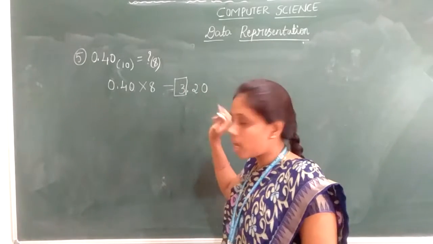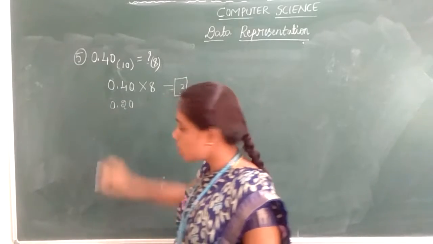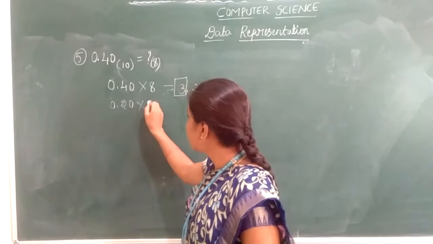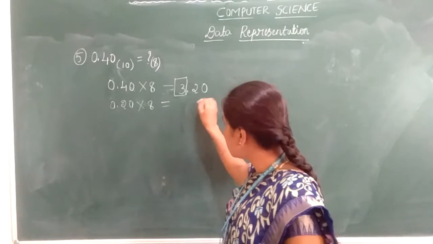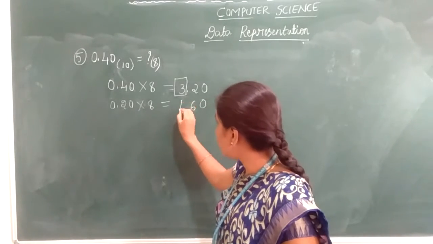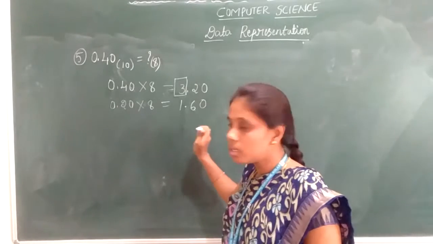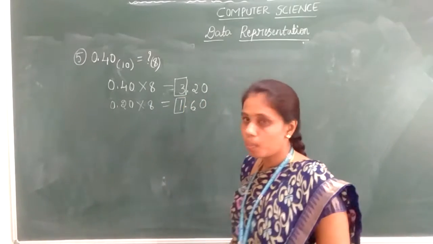Consider only the fractional part, that is 0.20, multiplied by 8. 8 into 0 is 0. 8 twos are 16. The carry is 1. So that will become 1.60. Again note down this integer part.